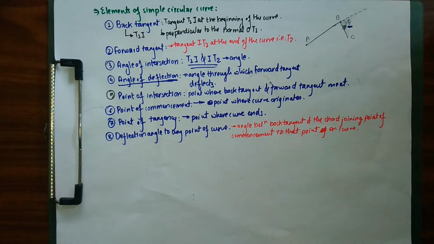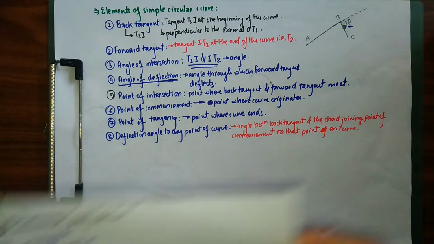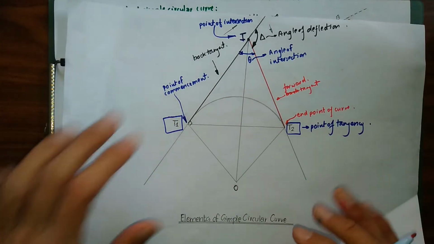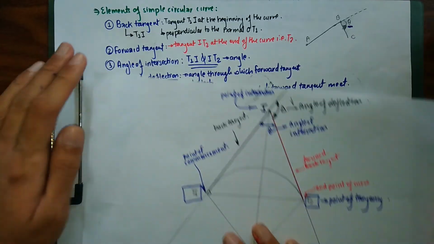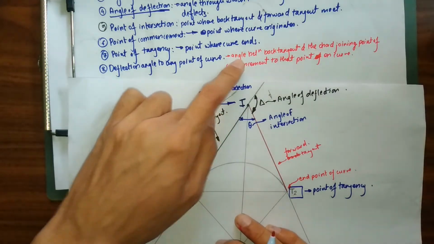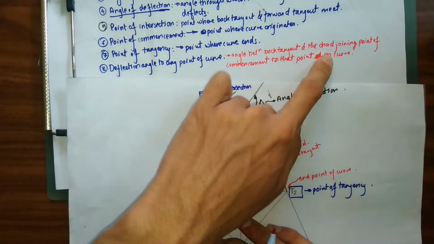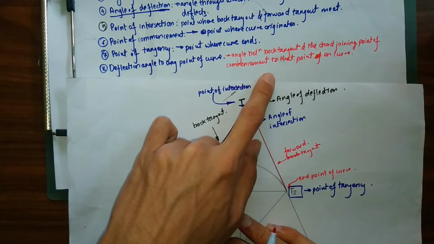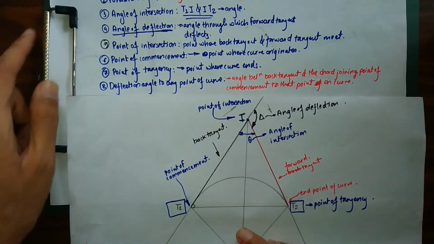To explain this more clearly, let me draw it in this way. This is our back tangent. In my definition, the deflection angle is the angle between the back tangent and the chord joining the point of commencement to that point on the curve.